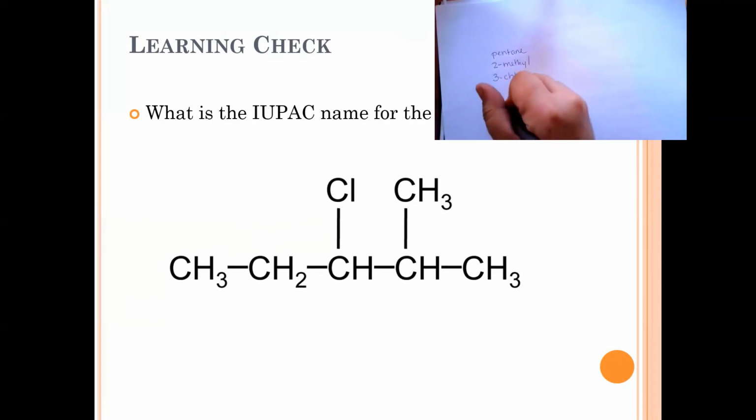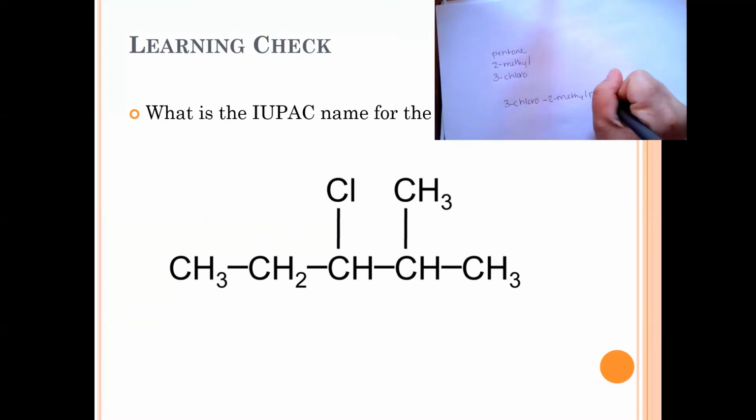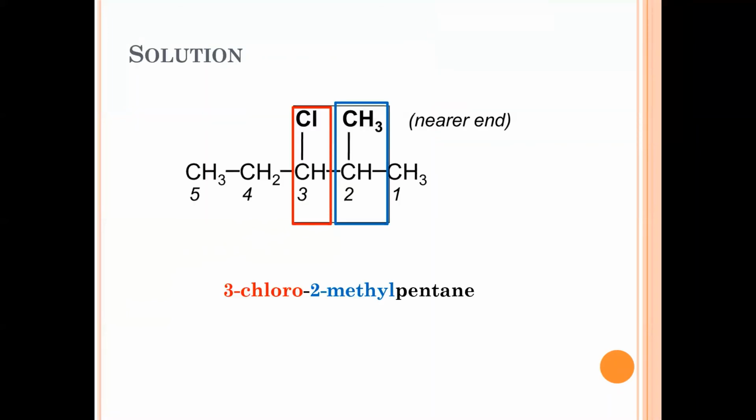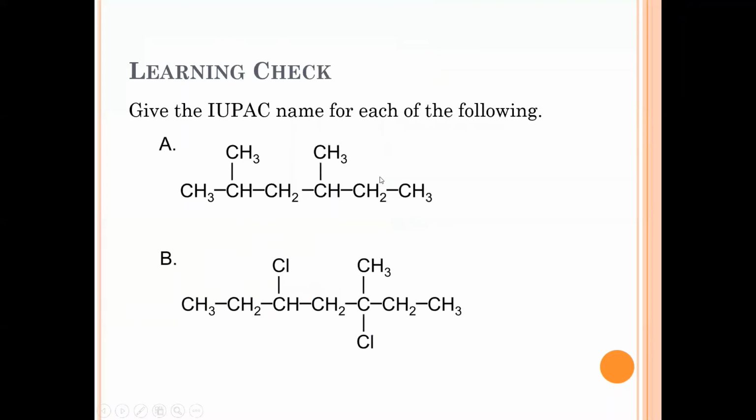So we're actually going to name this as 3-chloro-2-methylpentane. That would be the full name there. Okay, so 3-chloro-2-methylpentane. We're numbering from the nearest end to the substituent.